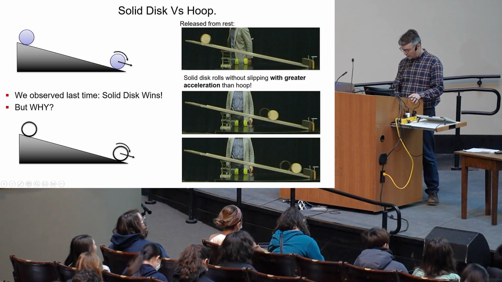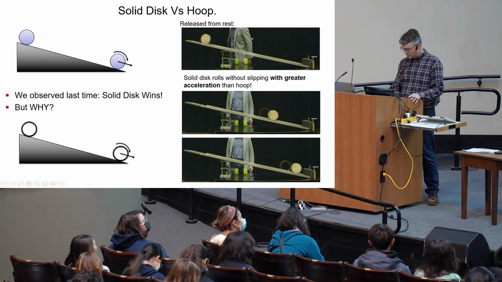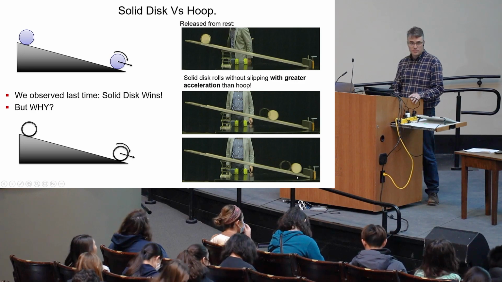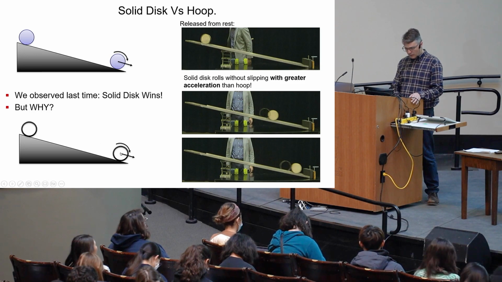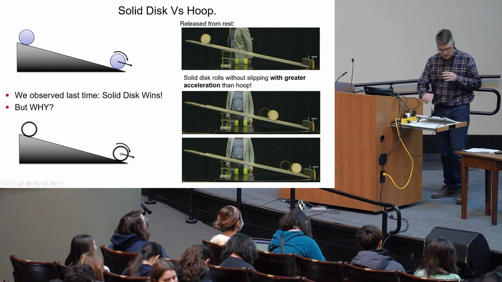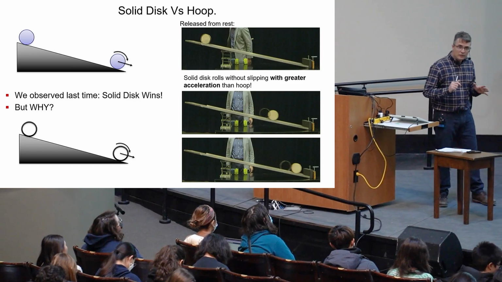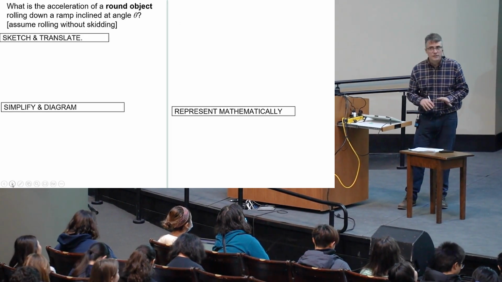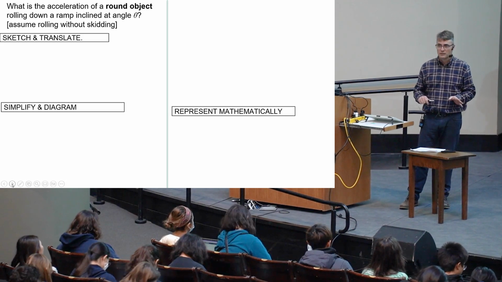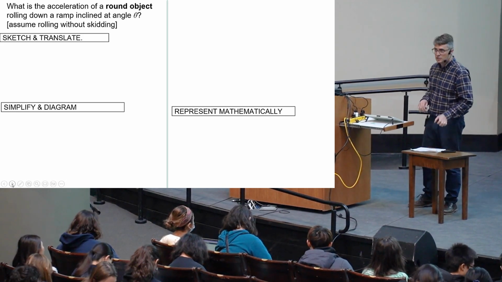And what you hopefully saw from the video, these are just screenshots from Monday's video, the disk always wins. So why is that? So what I want to tell you guys is you have all the skills that you need to solve these problems. It's just Newton's second law.